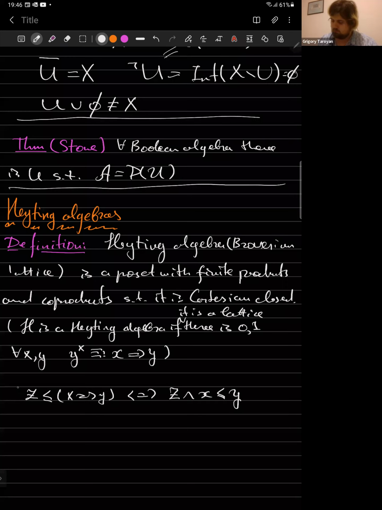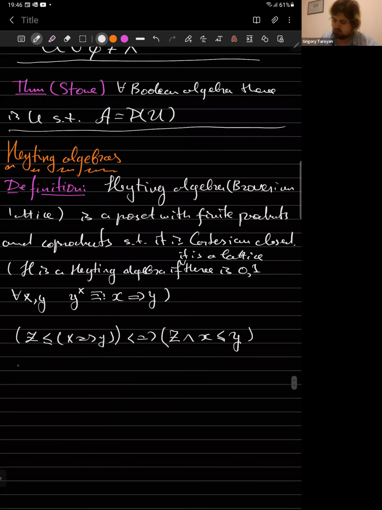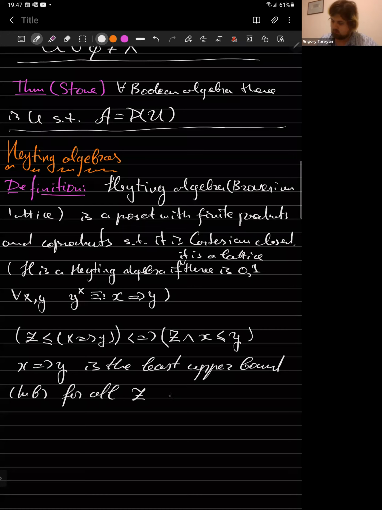In other words, x to y is the least upper bound for all z such that z meet x is less or equal to y.